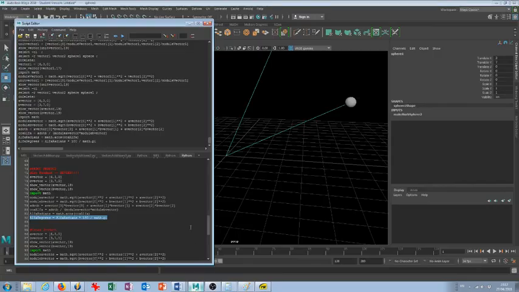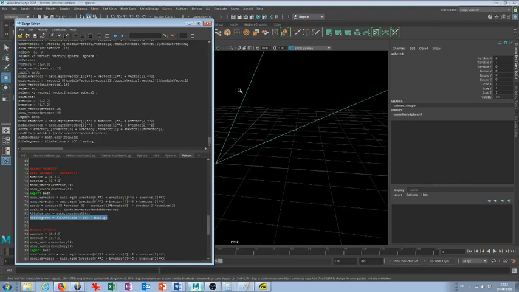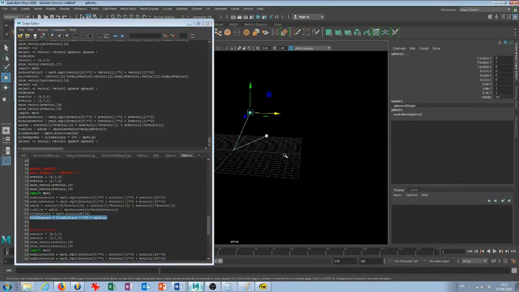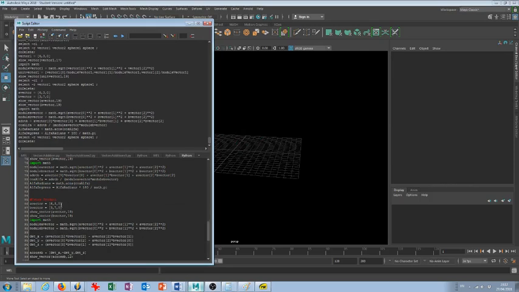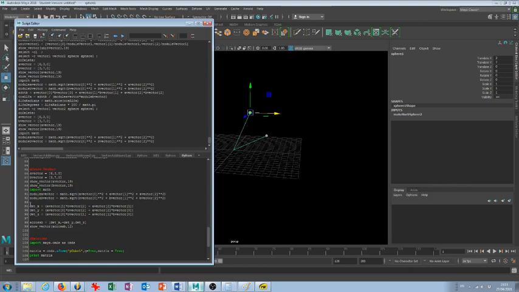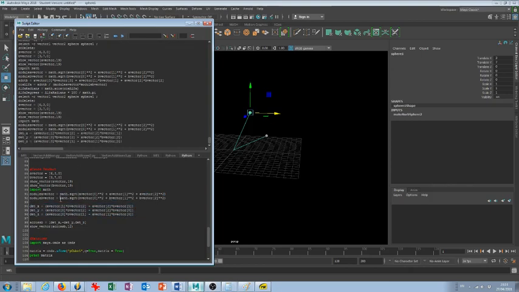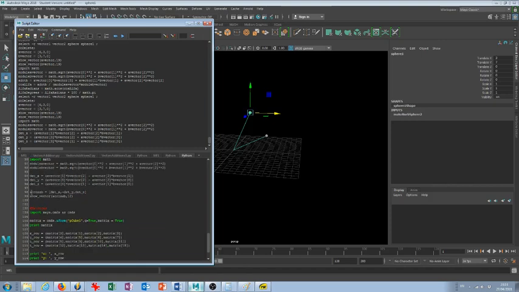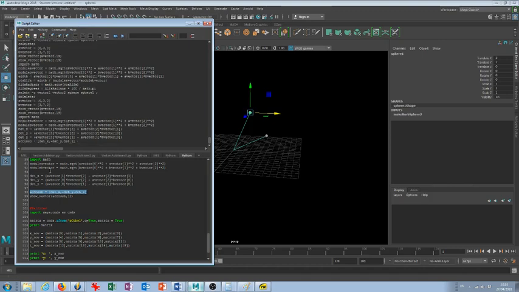So let's see this in Maya. Let me remove this first, and I define again my vectors and show them. I import math just in case and calculate their modules, and I have calculated the determinants and the resulting product.